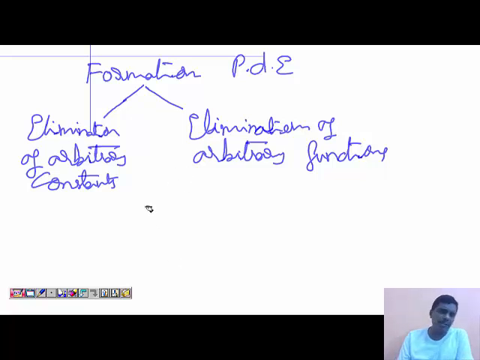Let us take the first one, the elimination of arbitrary constants.